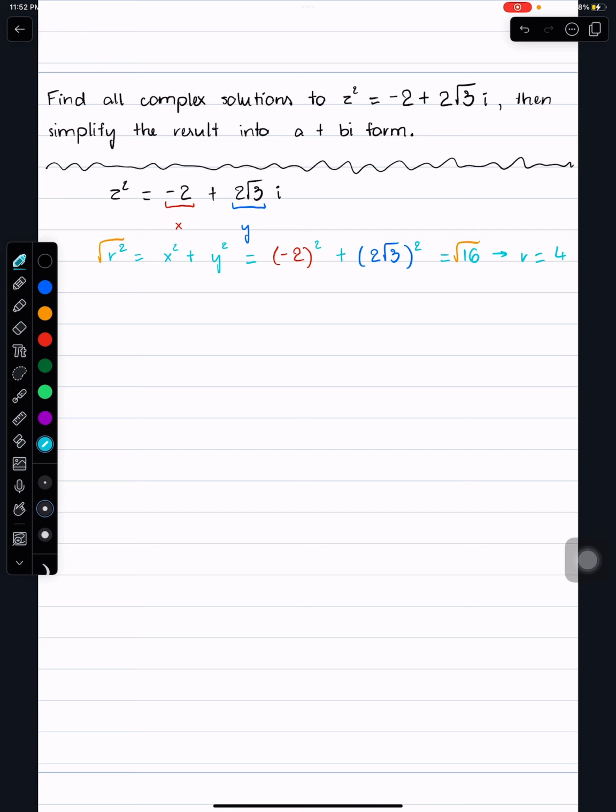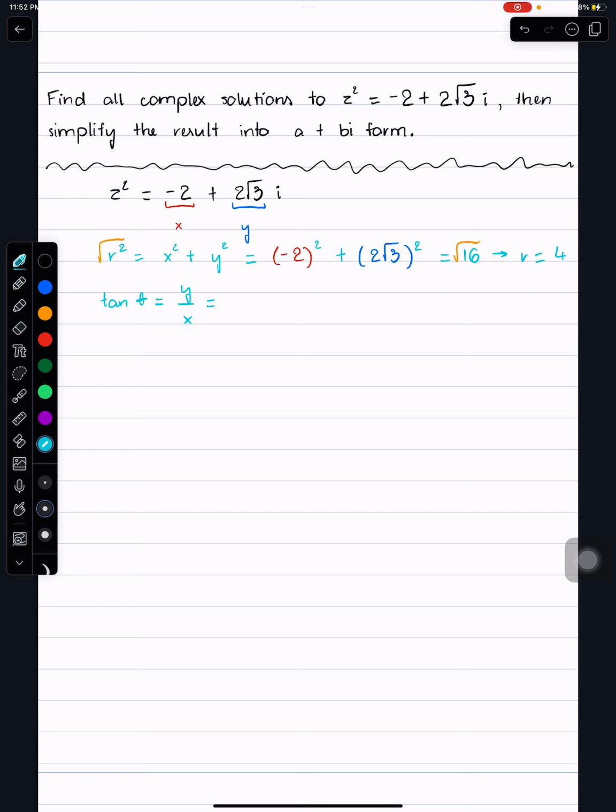Okay, so now we got the radius already. The last thing we have to find here is theta. And we always have 2 formulas in a pair, right? If the first was the radius formula, the second formula of that pair would be tangent of theta equals y over x.